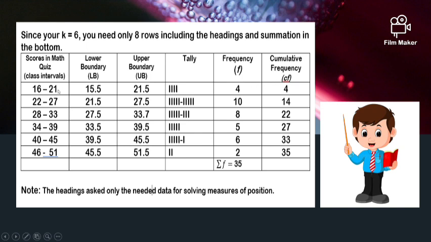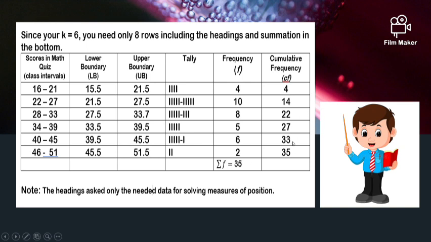We started from the class that has the lowest values. So you start writing 4, then add the next frequency. You have 14, add the next, you have 22, add the next, you have 27, add the next, you have 33, and add the next, you have 35. You will notice that the last cumulative frequency is equal to your sum of frequency.